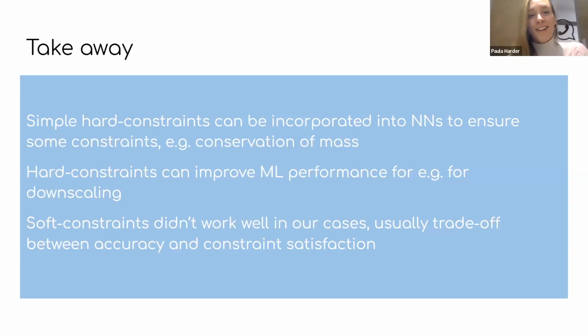Sometimes it's a trade-off, and sometimes it actually boosts the performance, because I assume it makes the learning task easier. And with soft constraints, in my experience, this was always a trade-off between accuracy and constraint satisfaction, but there might be some cases where they're helpful.